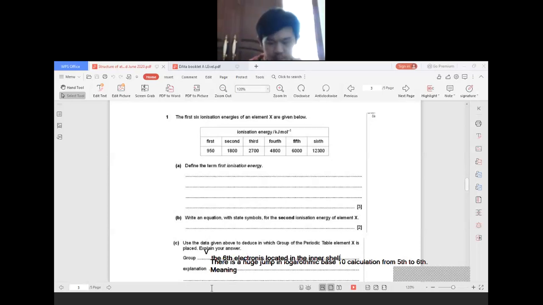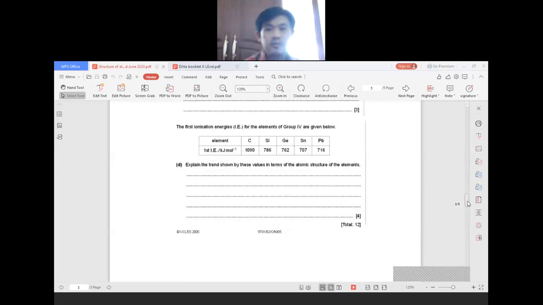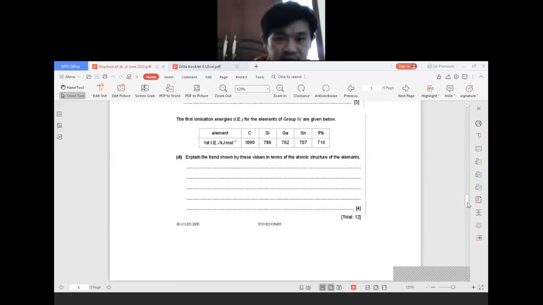Okay, now let us see the next question. Okay, next question. This one. First ionization energy of group 4 given below. Explain the trend shown by these values in terms of atomic structure of the elements.